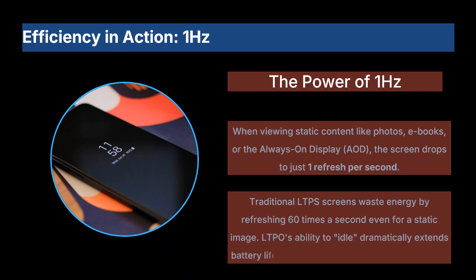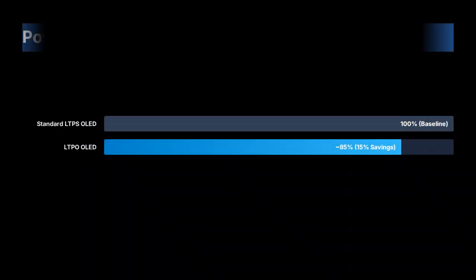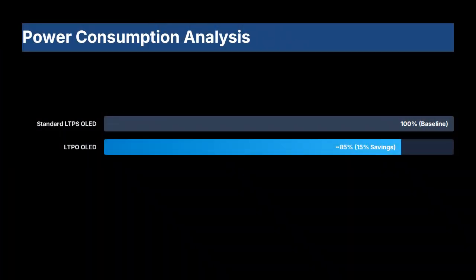LTPO's ability to idle at 1 Hz means the transistor is only checking in on the pixel once every second. This dramatically extends battery life during the common usage scenarios where the screen is on, but the content is static.